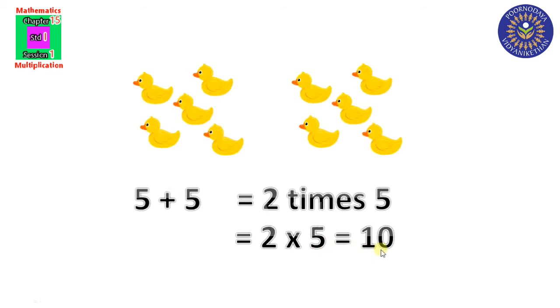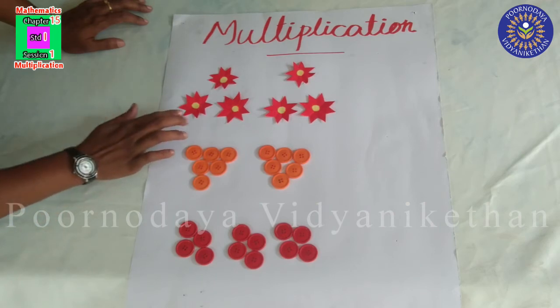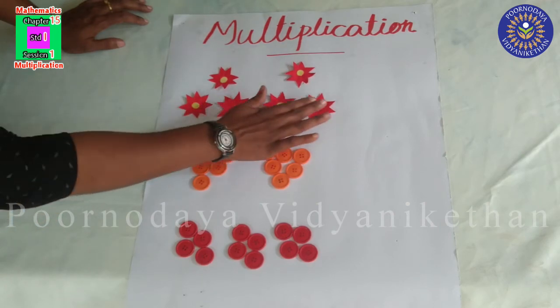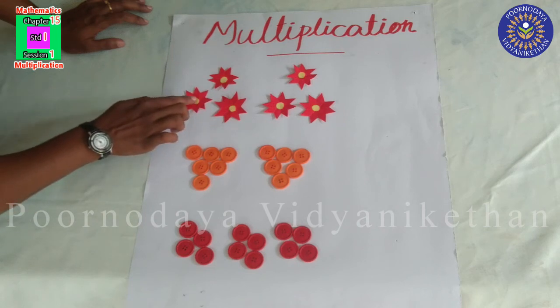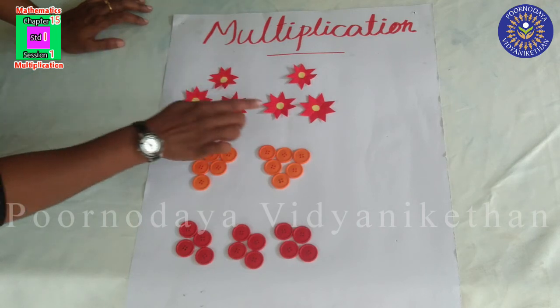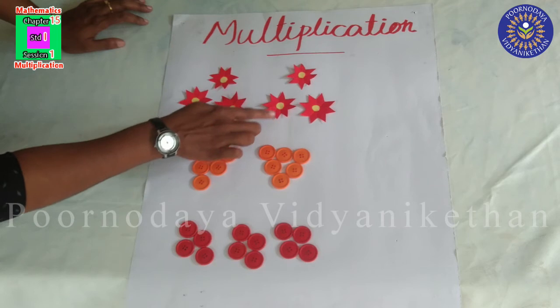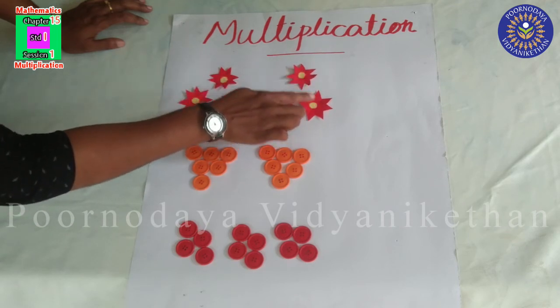Did you understand? Children, see here, we have arranged some flowers. Look, in the first group, there are 1, 2, 3 flowers. Look at the second group, there are 1, 2, 3 flowers.